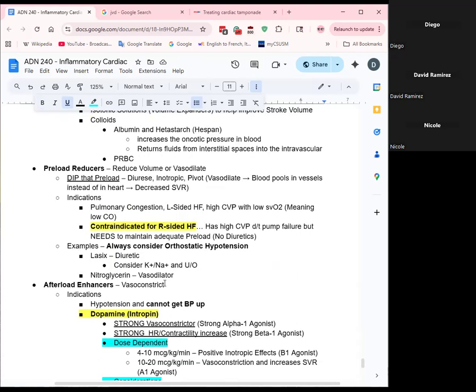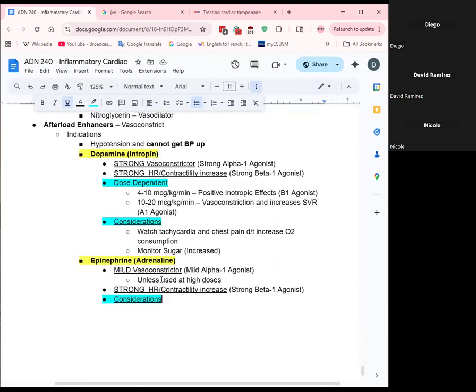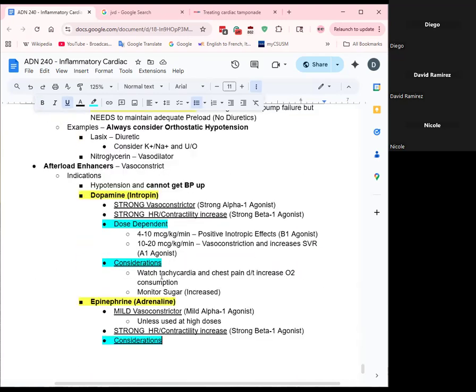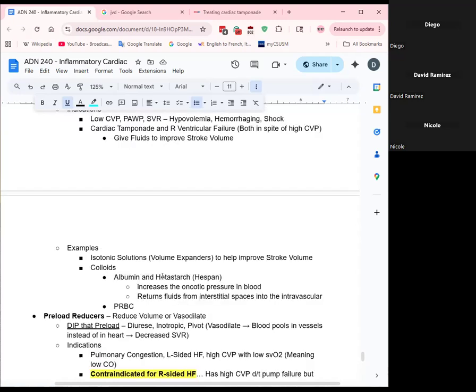So think about your preload like volume related, and your afterload like pressure related specifically. Even though preload is also a pressure, it's both your pressure and how far things are stretching.